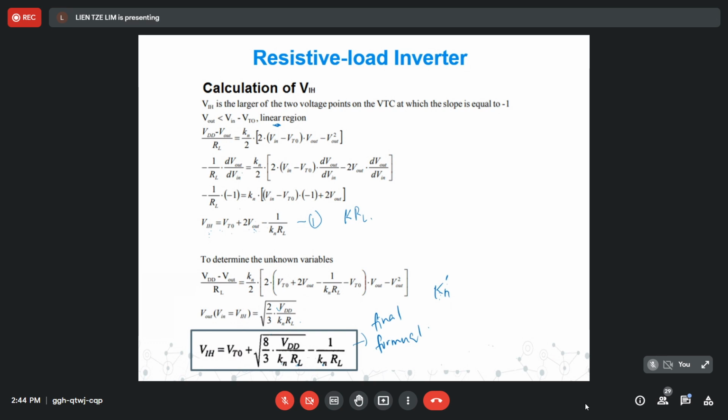They are not the same parameters. Kn and Kn prime are different. So Kn prime will be given. You need to use this K prime to calculate and get the Kn. So this one I mentioned here. Later when you do your tutorial, you will understand this.